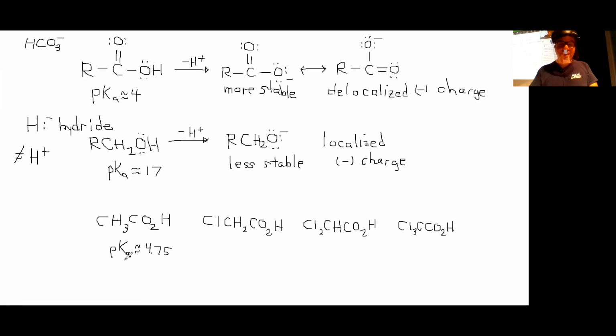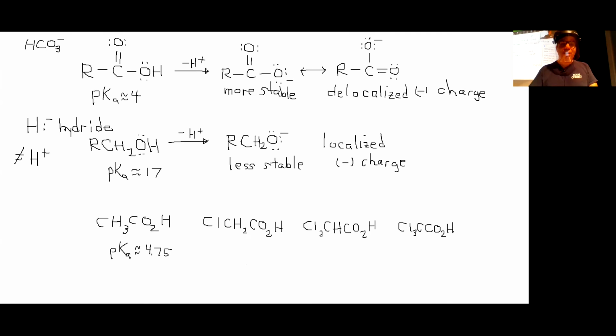And I will be honest, I don't have these other pKa's memorized, but as my old friend and now colleague, Dr. Jim Pennington would say, if only there were a way to look up something like that. So let's look it up. Chloroacetic acid.